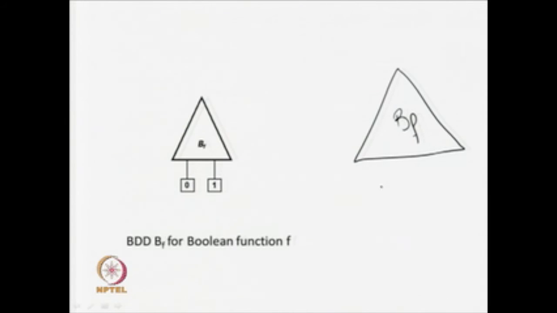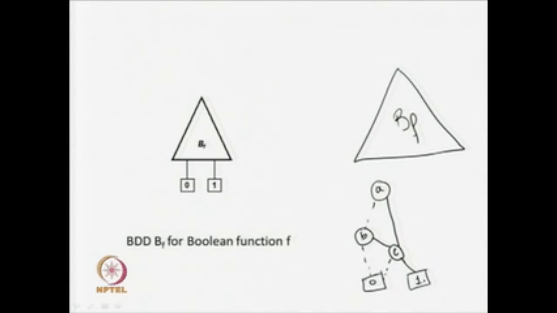Just look into the previous example, say I have A, and then B. If B equal to 0, then I have the functional value as 0. If B equal to 1, I come to C. If C is equal to 0, the functional value is 0, and if C equal to 1, my functional value is 1.